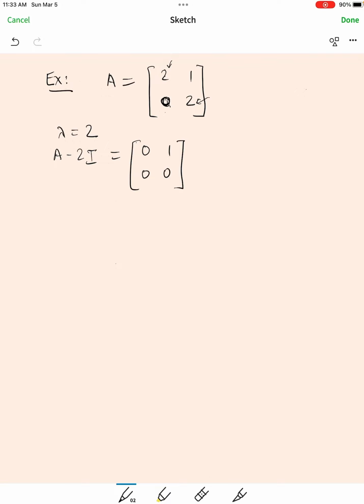Well, we see that this matrix has nullity. What's the nullity of this matrix? 1, right?